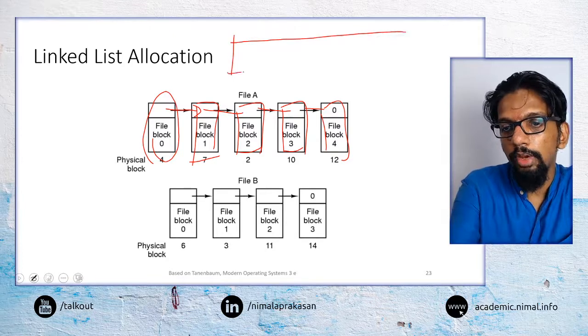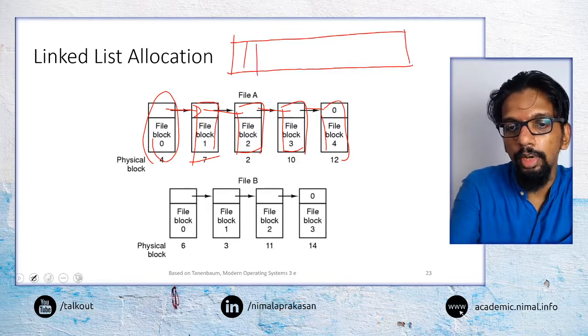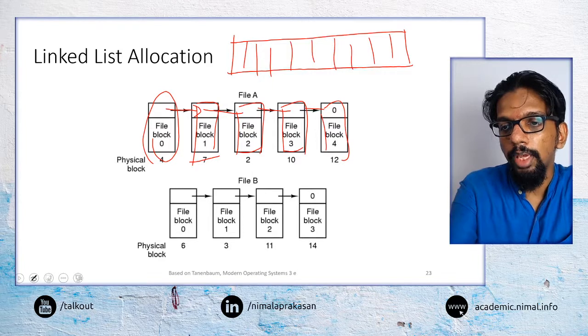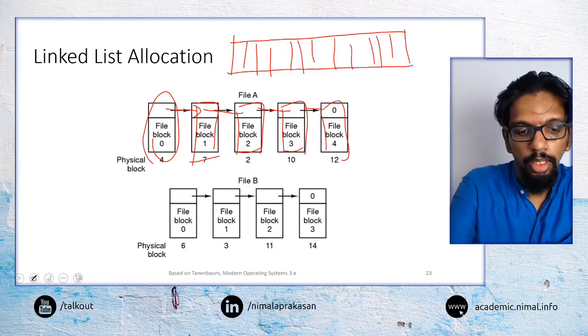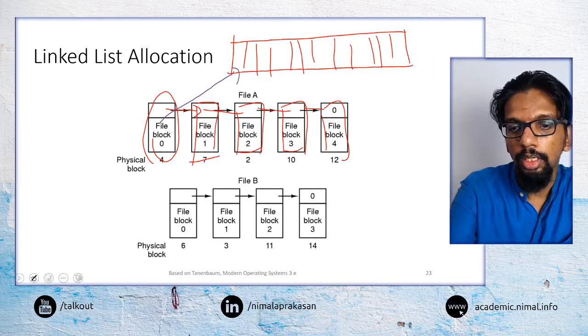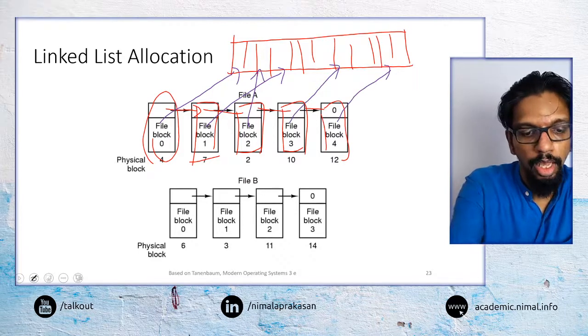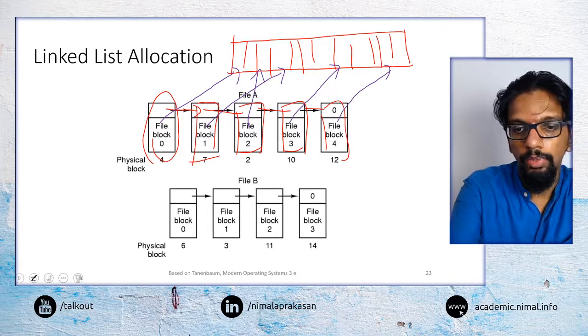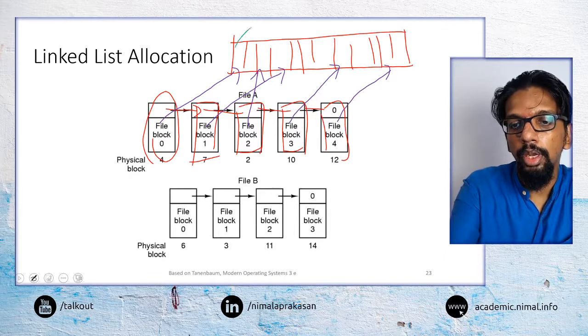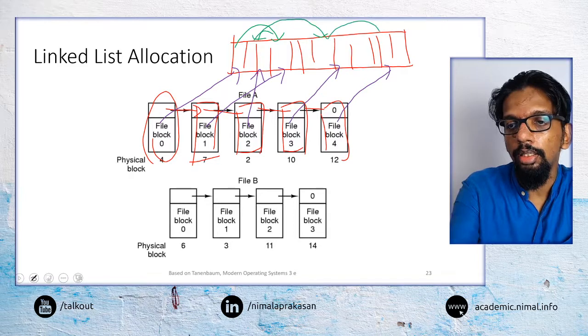So for example, when we take a file system like this, what we may have is, this block may be stored here, this may be here, this may be here, this may be there, and this may be there. And then what we would have in terms of the links is, they may be pointing like this, and here, and there, and there.